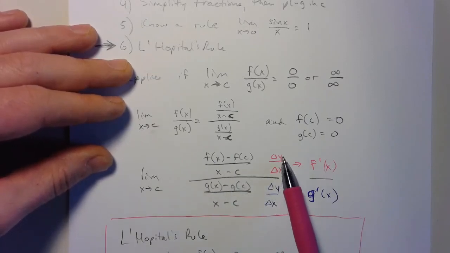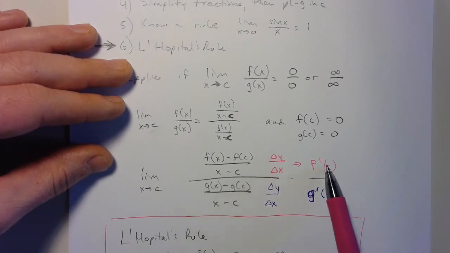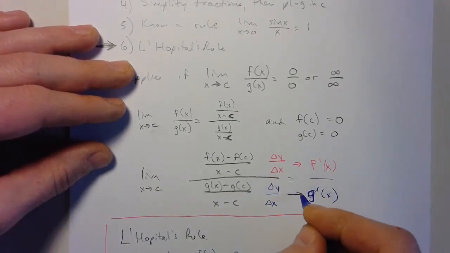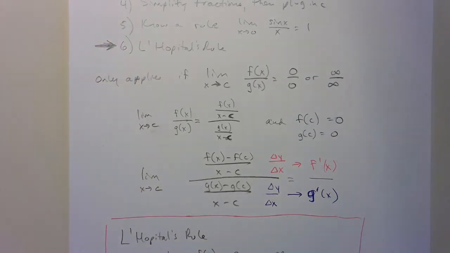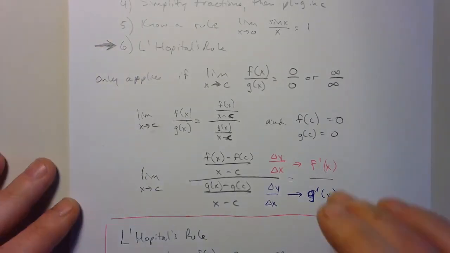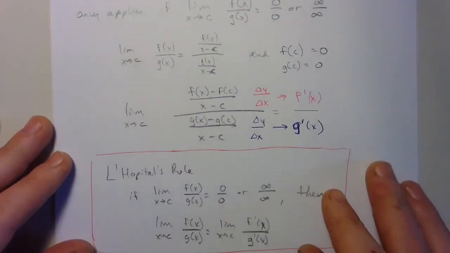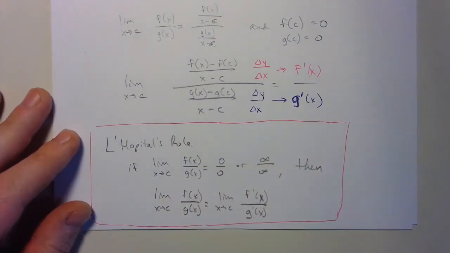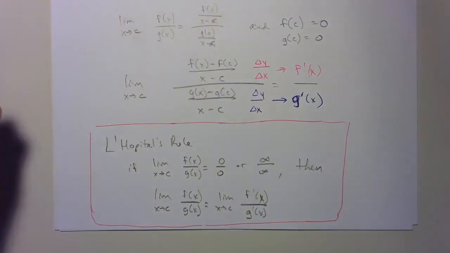Change in y over change in x, that's slope, which is the derivative. So that was our theory. This is the proof right there, but this is really what you need to know. And that's what we're going to do some examples on in the next video.